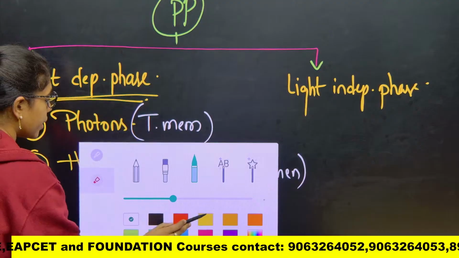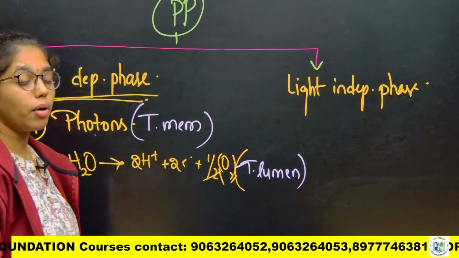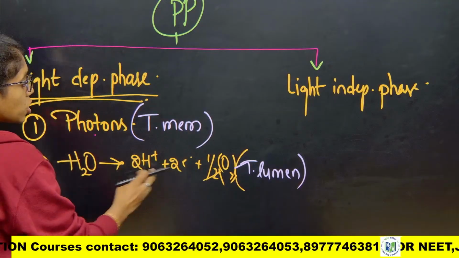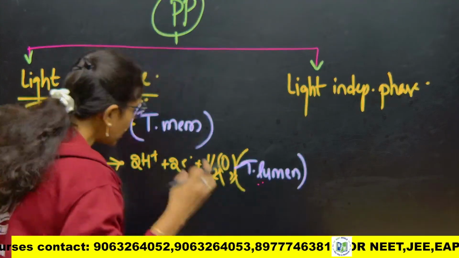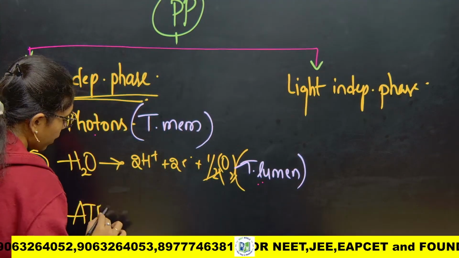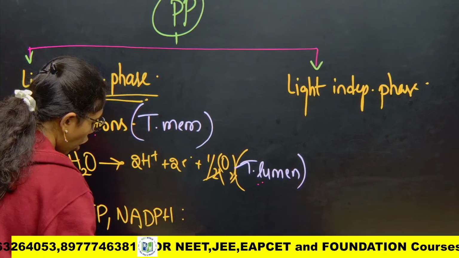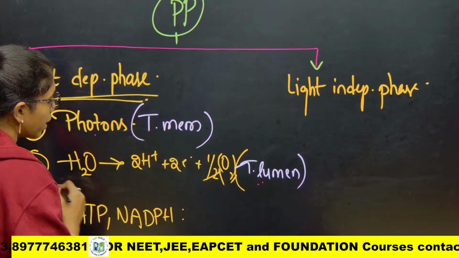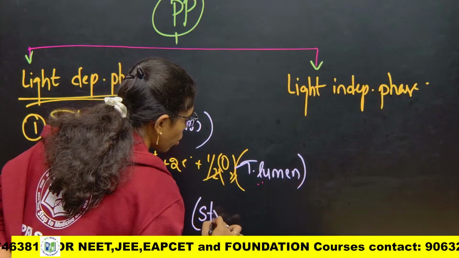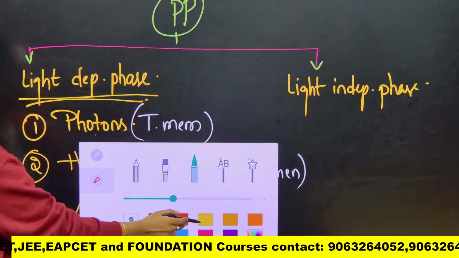First is absorption of light in the form of photons, second is photolysis of water, which occurs in the thylakoid lumen, and third step is formation of assimilatory power, that is ATP and NADPH. This occurs in the stroma of the chloroplast.